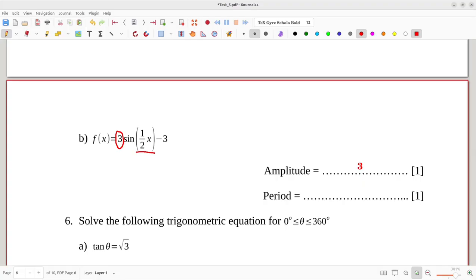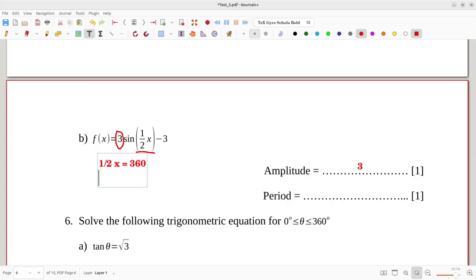In our case, we are having half x, which means you are going to have a halfway from 0 to 360. So to find the period, just take all of these and equate it to 360 degrees. So you have half x is equals to 360.